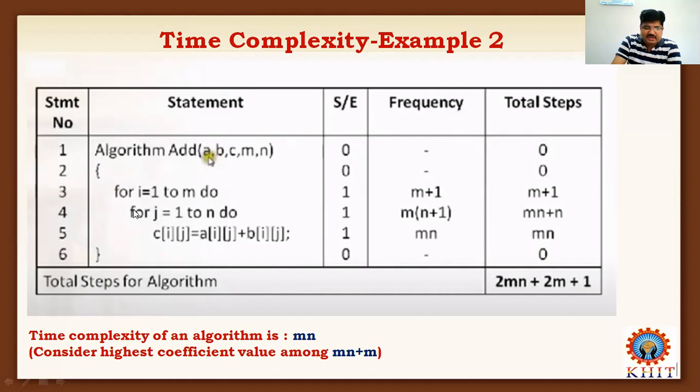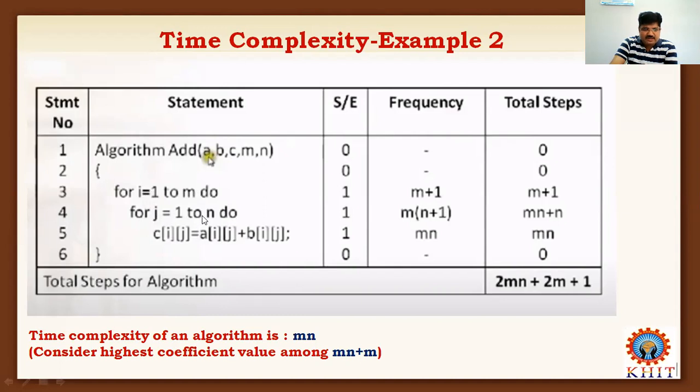And for the second for loop, for j equal to 1 to n, if the given condition is true, it will take n. If it is false, it will take 1. So the total frequency count is n plus 1. Statement number 4 takes n plus 1, but statement number 4 depends on statement number 3.